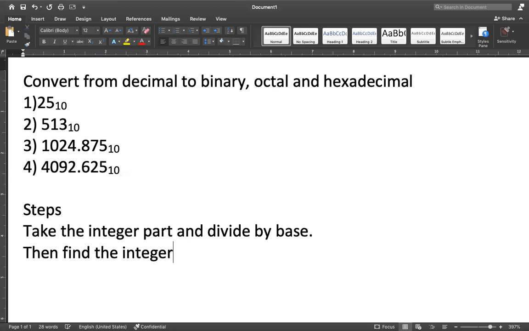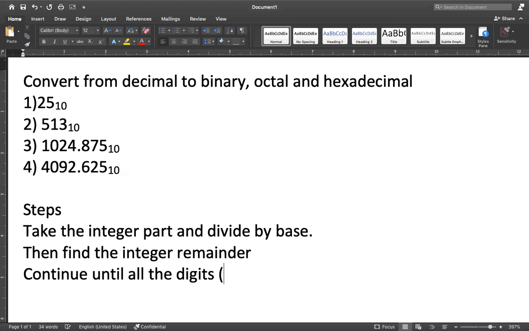Find the integer remainder. Continue until all the digits, basically remainders, are in the intended base. So that is the mechanism.